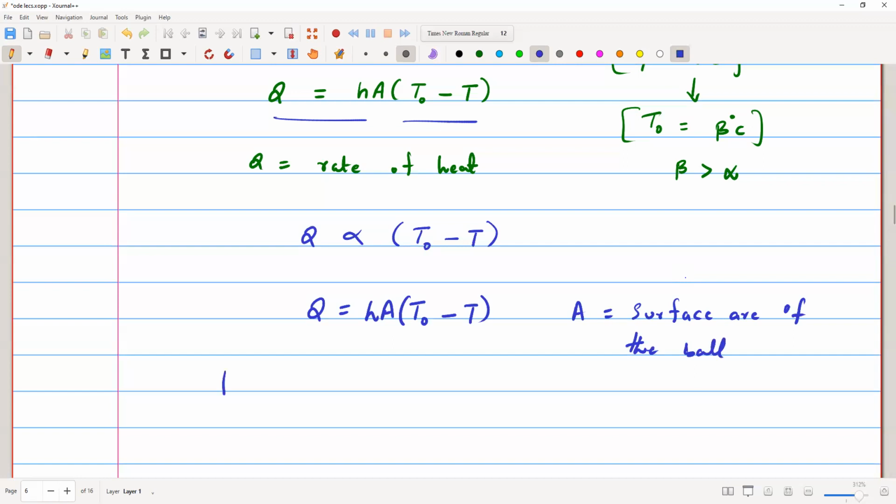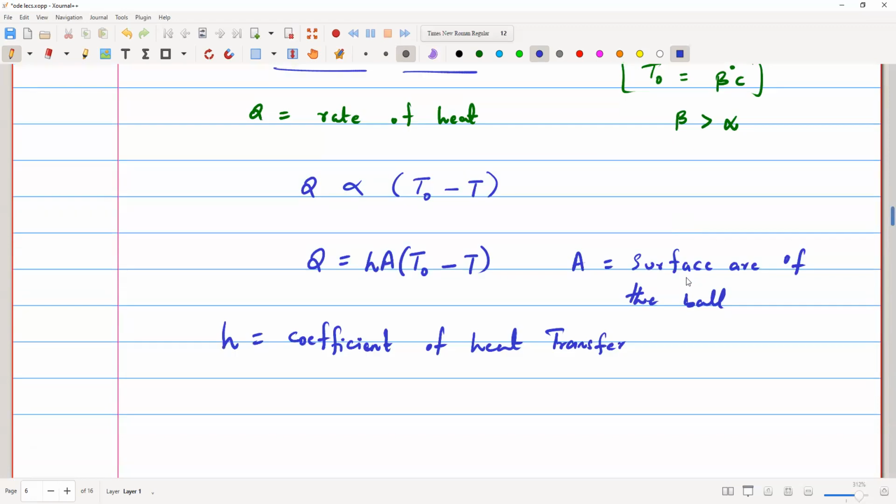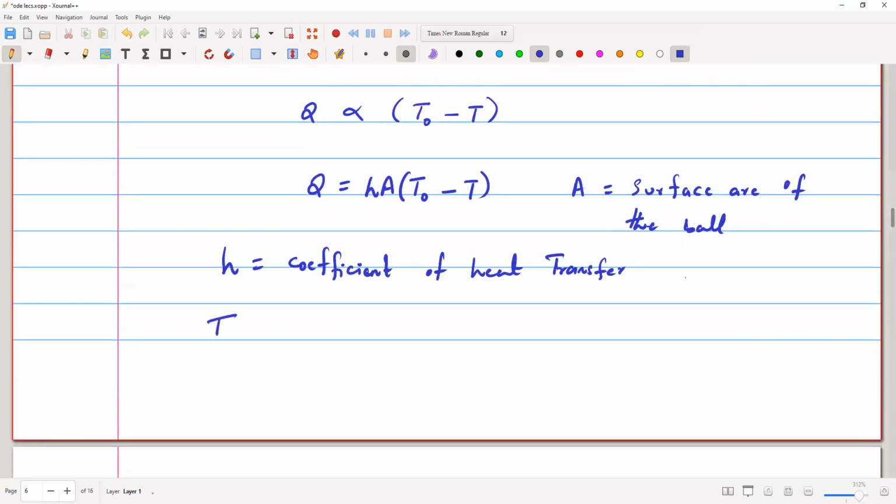And H is nothing but the coefficient of heat transfer. T, we already talked about, is the temperature of the ball at any time t.